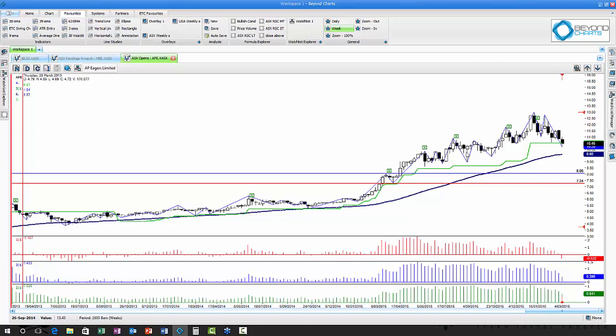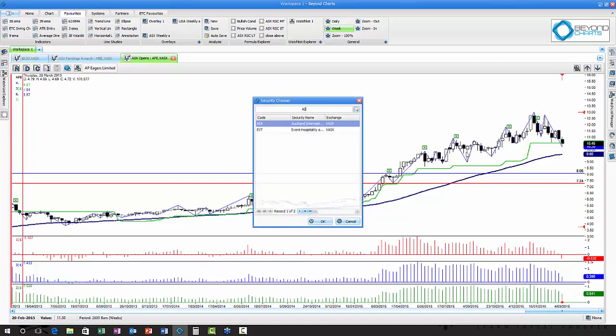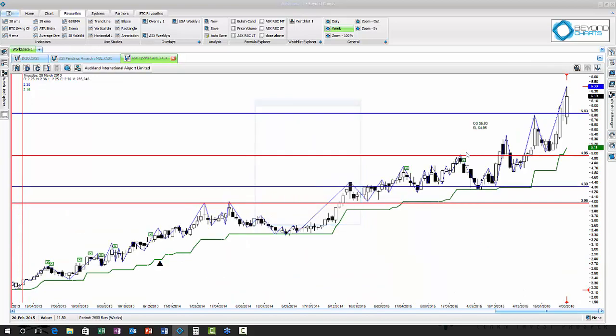There were a couple of trailed stops. AIA, seems every week talking about this stock, and it just continues to move onwards and upwards, and a really strong candle this last week as well. So for a recent entry, it's a nice thing that that last entry has been met with a lot of demand and dragging the trailing stop onwards and upwards.